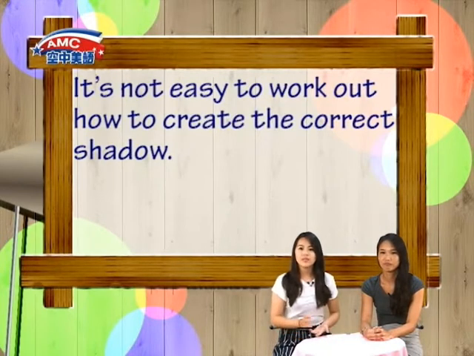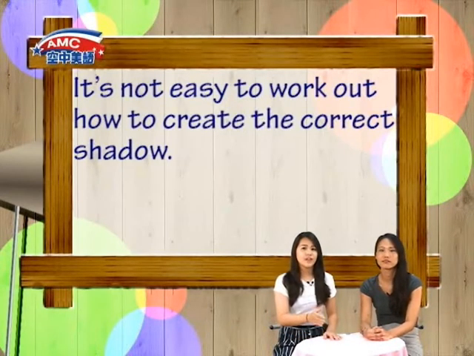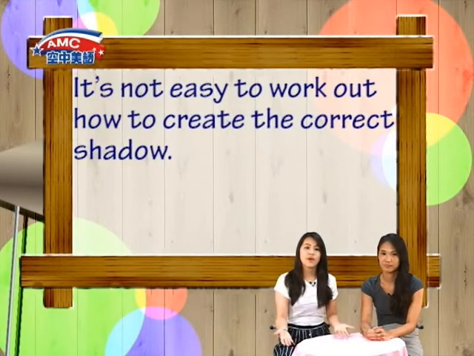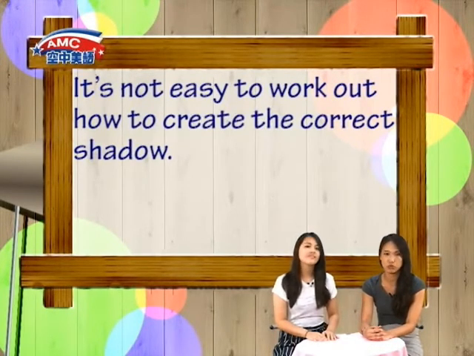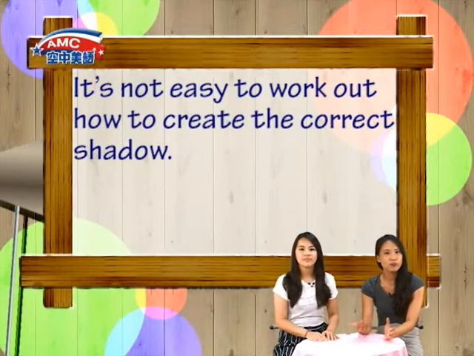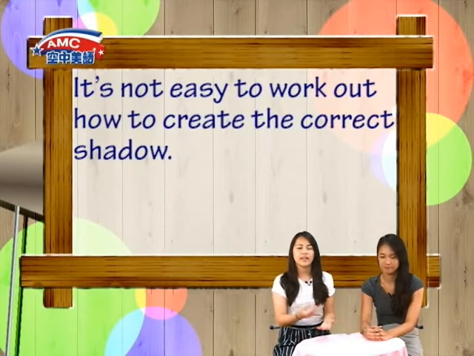Okay, when you work out something, it means you try to find the solution to the problem, or you basically solve the problem. For example, we can say, can you work out this math problem? Right, so she wants to create these shadows, but she has to find a way to work it out.